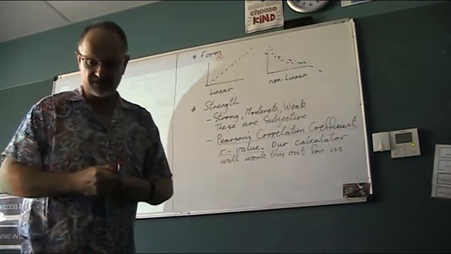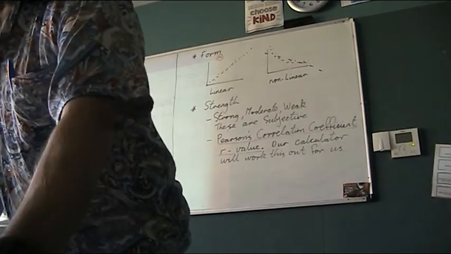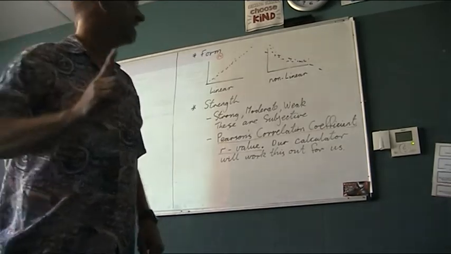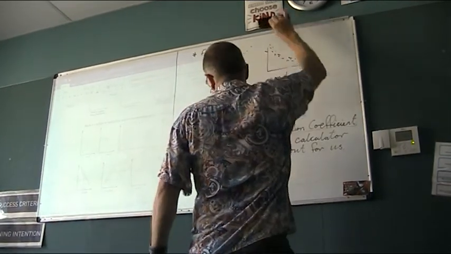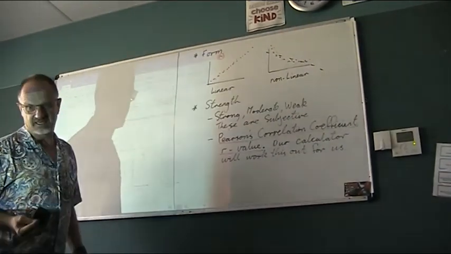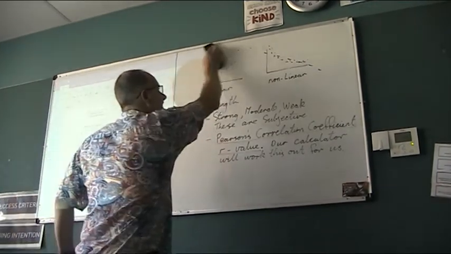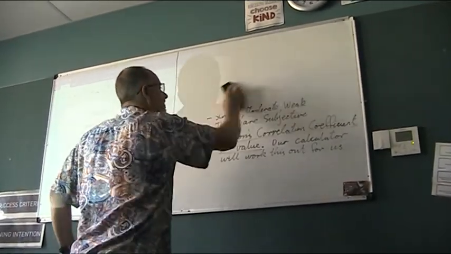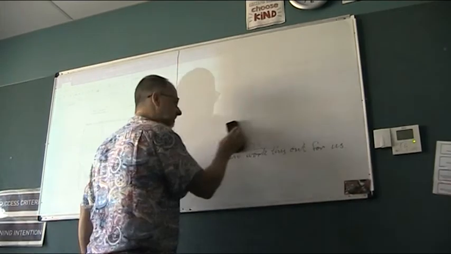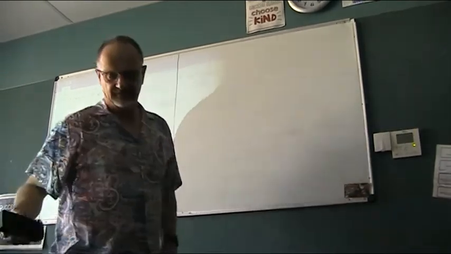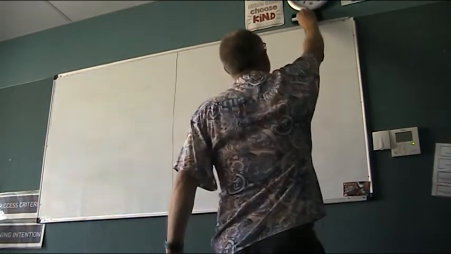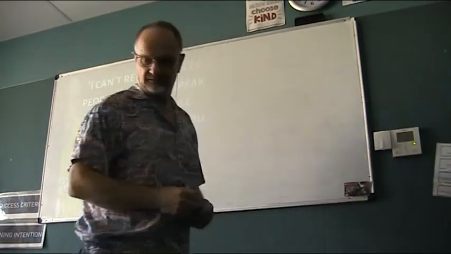So there are some assumptions. We will write those down because it is possible that you could be asked an exam question about the limitations of it. Right. So no outliers and only linear.